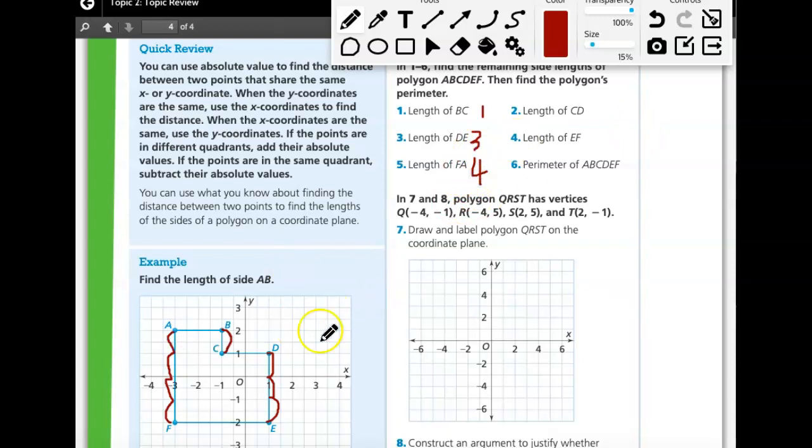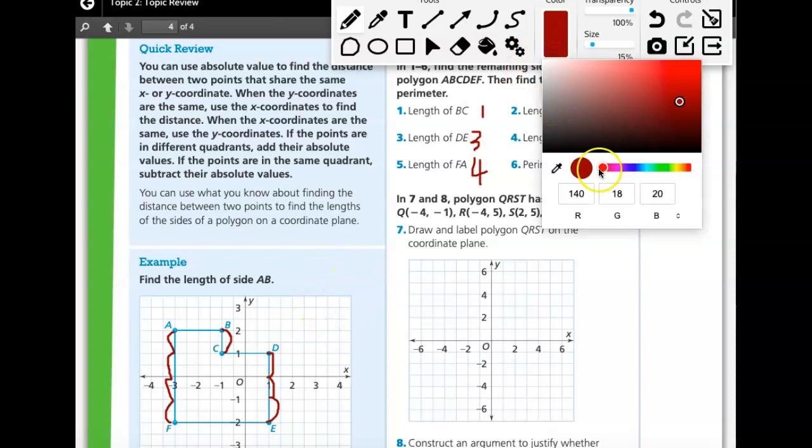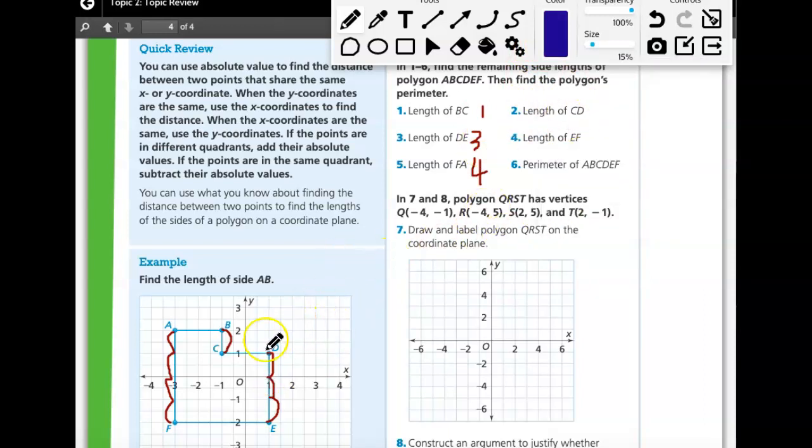And then CD, where is CD? Let me change the color so it doesn't overlap. CD, C and D is here. So that's 1 and 2. So that's only 2. E and F, or FE is okay. So that's 1, 2, 3, and 4. So that's 4.